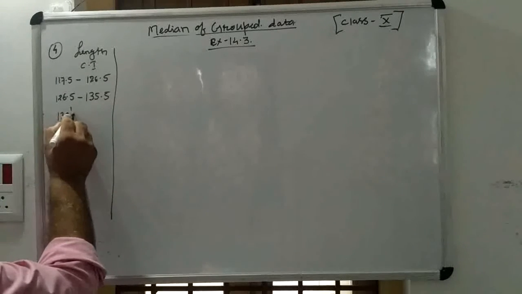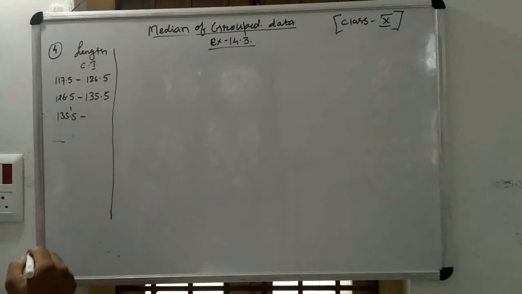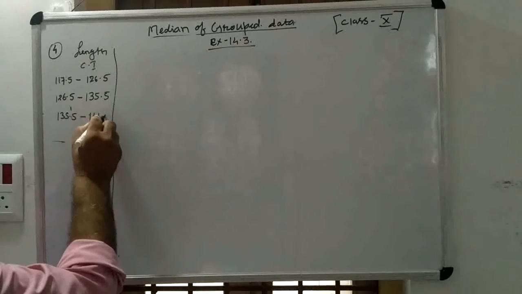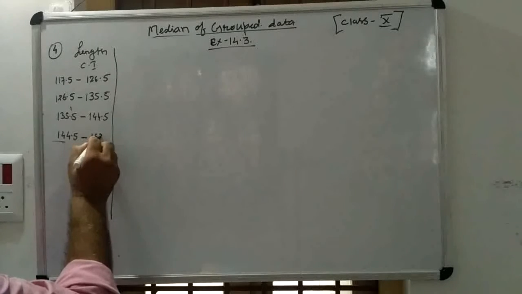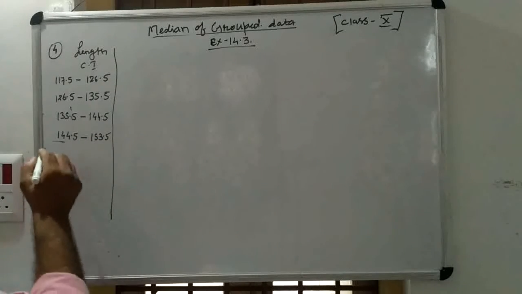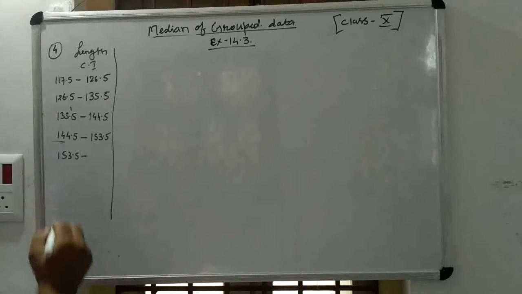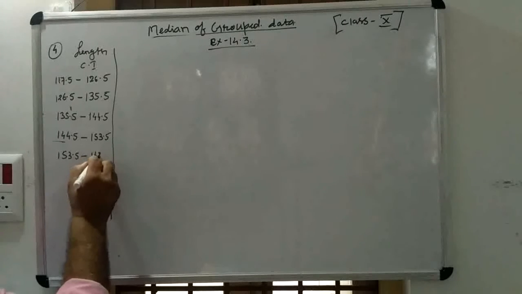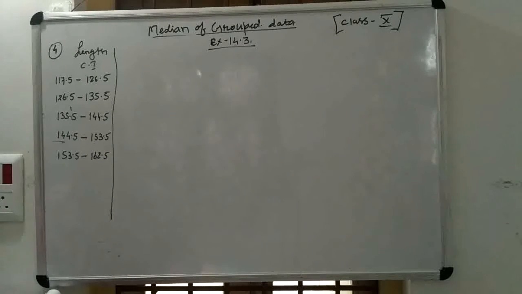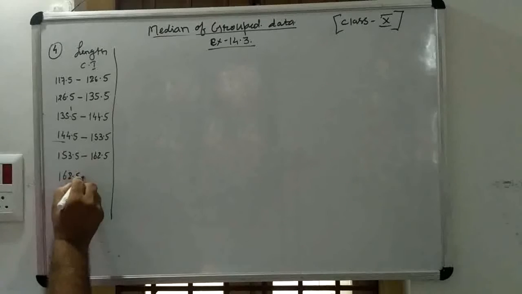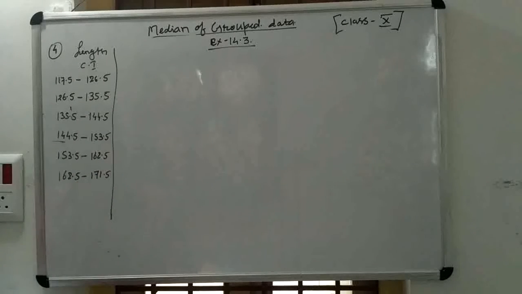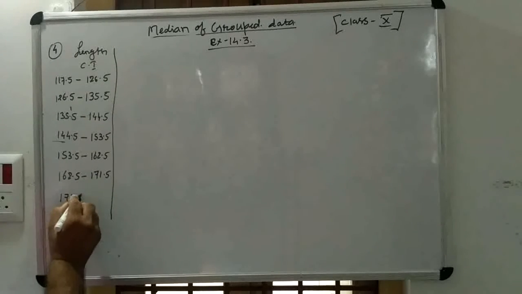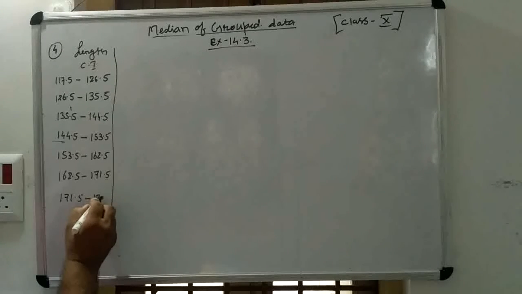So in this way we proceed: 135.5 to 144.5, 144.5 to 153.5, 153.5 to 162.5, 162.5 to 171.5, and 171.5 to 180.5.